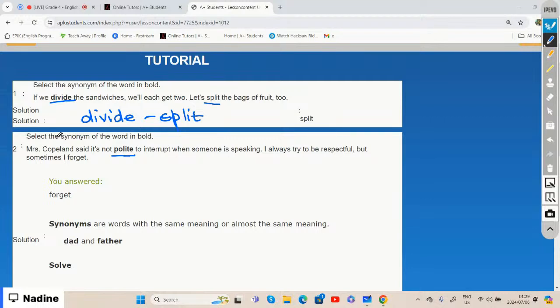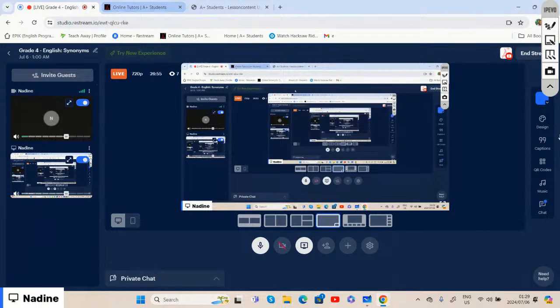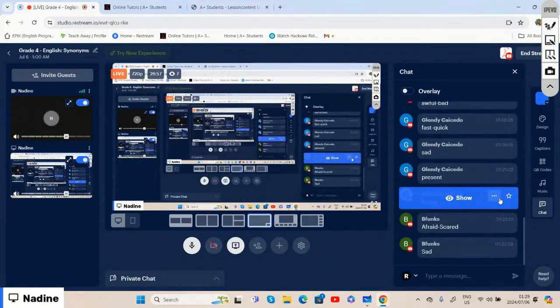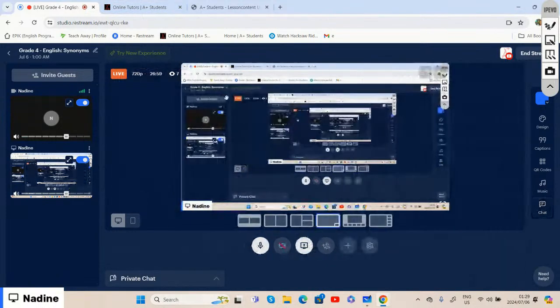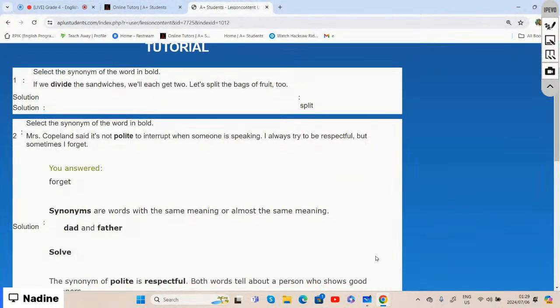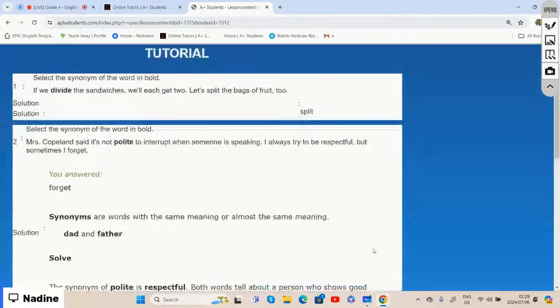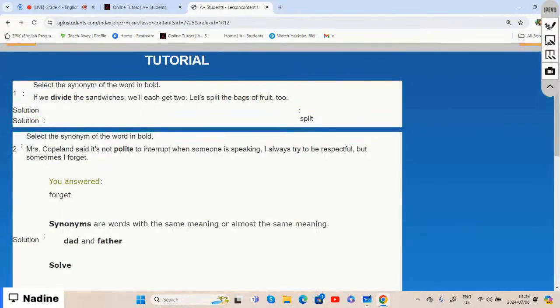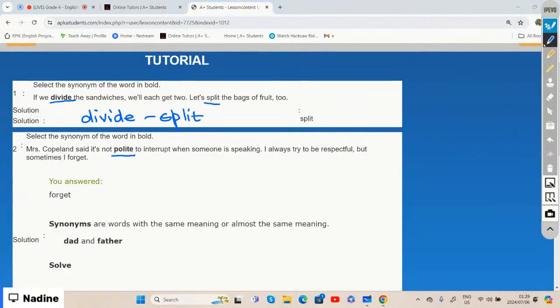So we need to identify the synonym, the word that is the same as polite. All right, and if we were to identify the synonym of polite, then we would say, I always try to be respectful.